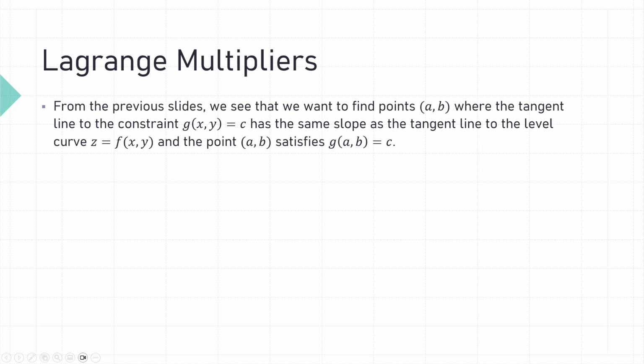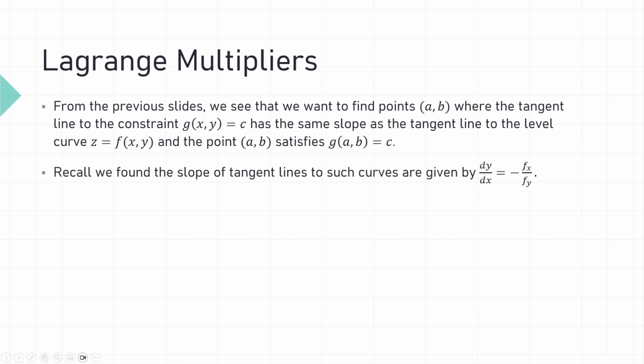So what we need to do then is figure out, how do we find these points? The first thing we can say is recall that when we were looking at curves in the plane and we wanted to find slopes of tangent lines to curves, we were looking for dy/dx. But usually if we look at g(x,y) = c, we can't solve that for y.